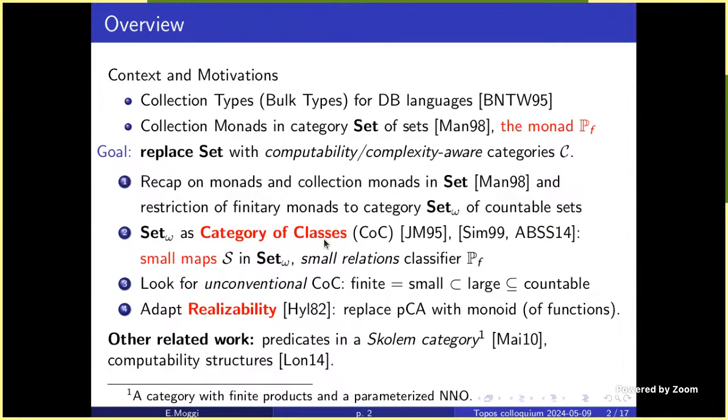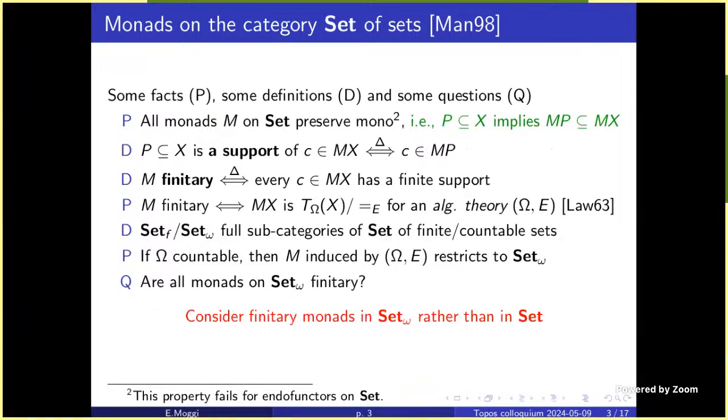And I will use ideas from this category of classes to develop some sort of realizability models that provide categories that should be suitable for databases and where we can have a notion of collection monad in the sense of Ernest Manes.